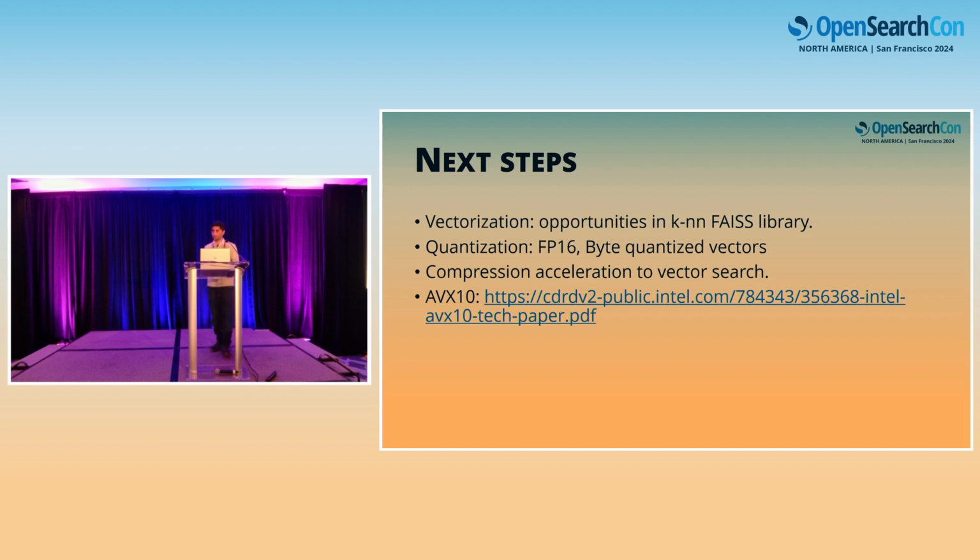Quantization is another aspect where techniques such as FP16 and byte quantized vectors are all good candidates for vectorization. As a matter of fact, we made some changes in a related ecosystem, PG Vector, where we saw good improvements on byte quantized vectors, specifically those which use Hamming distances and Jaccard distances.